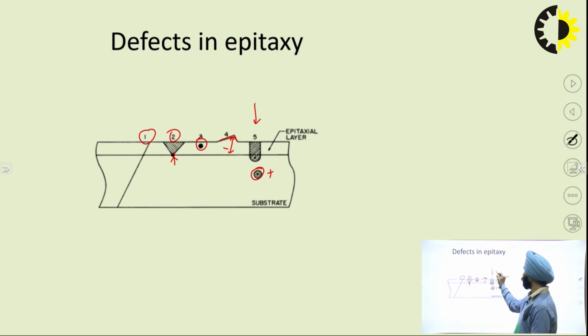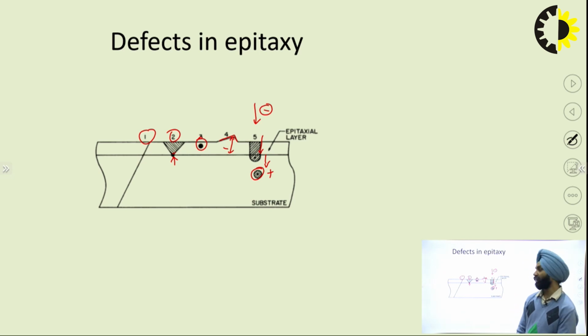So negative ions that will be over here will be attracted toward the wafer, toward the substrate, and these negative types will go into the epitaxial layer. These may be crossing the epitaxial layer because there is an attraction force between the positive and the negative. So it is crossing the epitaxial layer and going into the substrate.